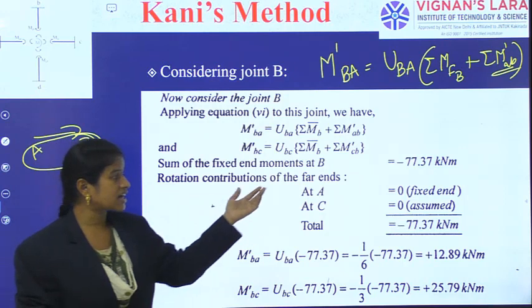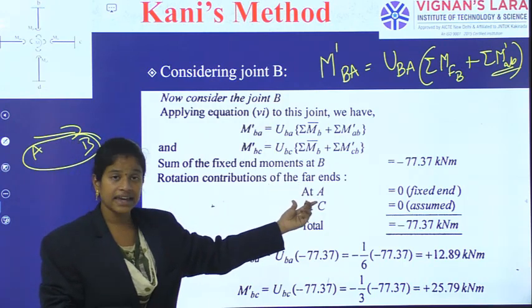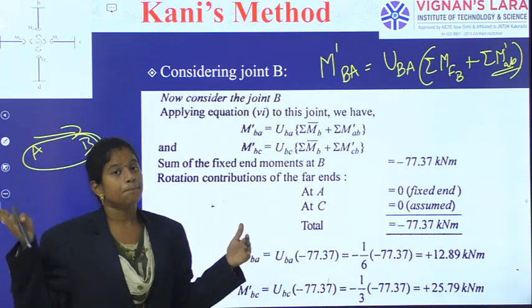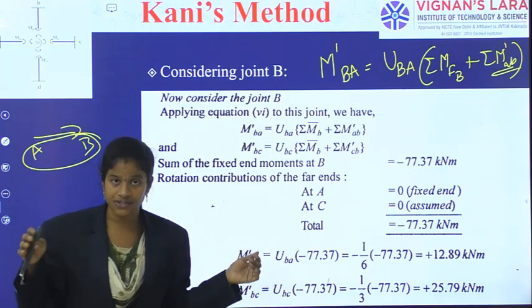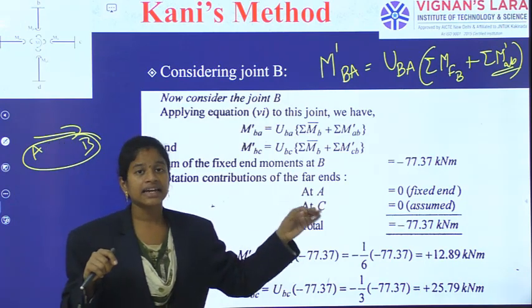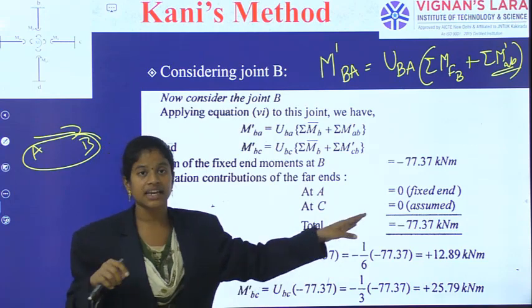Okay, so the rotation contribution of the farther end at A is equal to 0, since this is fixed, and at C I am considering it equal to 0 as an assumption.